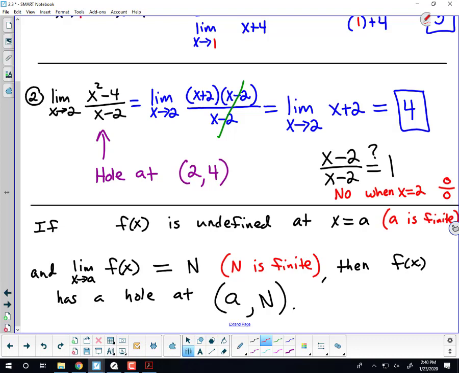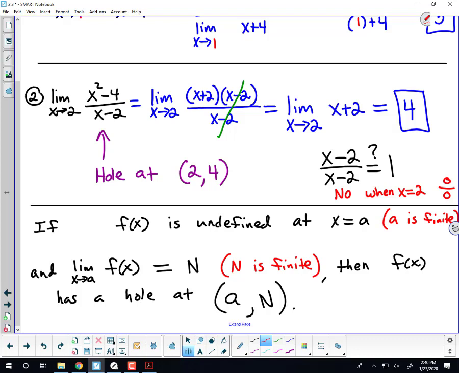So yeah, the idea is, well, we're just computing the limit as x approaches 2. The limit as x approaches 2 doesn't care about what's happening at x equal to 2. So the fact of the matter is, since we're taking this limit, x minus 2 over x minus 2 is always 1, isn't it?